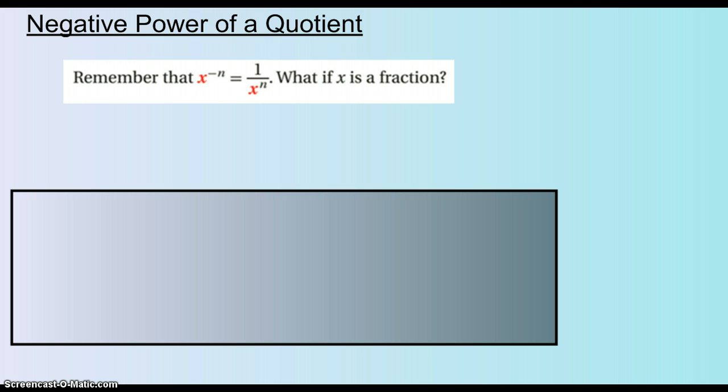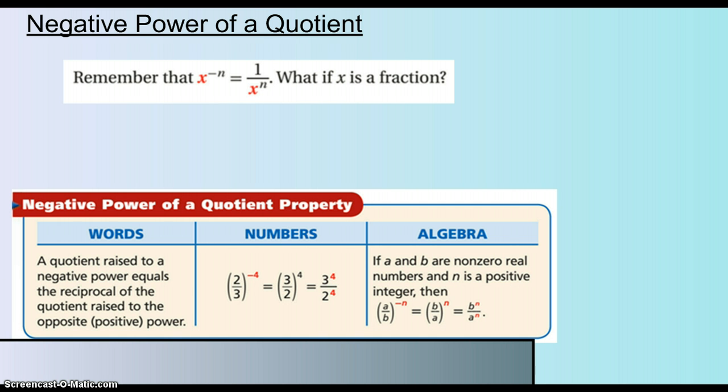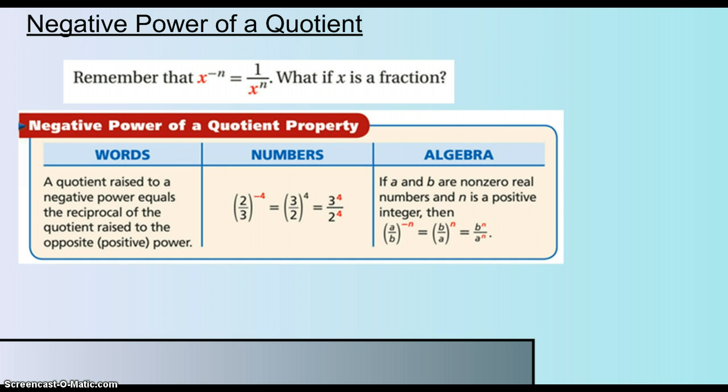What happens if we have a negative power of a quotient? So here I'm just going to look at the rule right away. You can flip the entire fraction. So you can see here we've got 2 to the 3rd all to the negative 4th. You can flip the inside and then change it to the positive 4th.